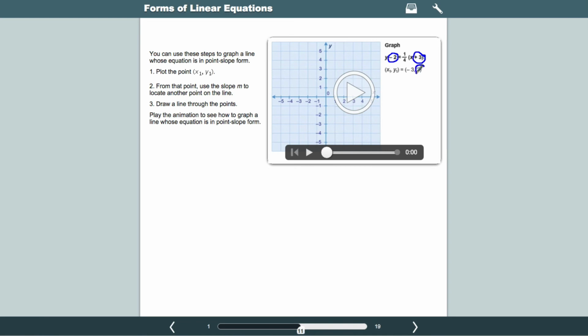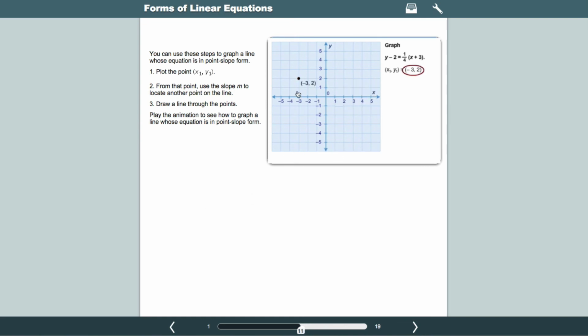That's where this comes from. 3 turns into a negative 3, excuse me. And that's where this comes from. I'm just going to play this without sound. You can watch the video as you go on. But we've got our negative 3, 2, and that's what goes right there.